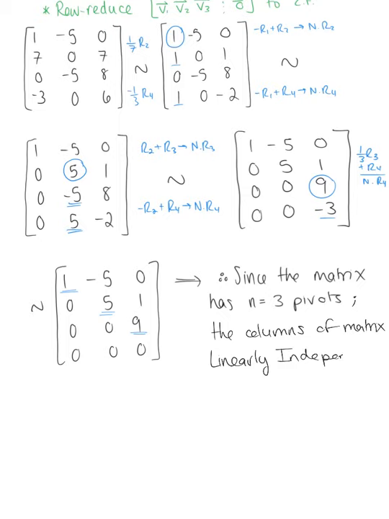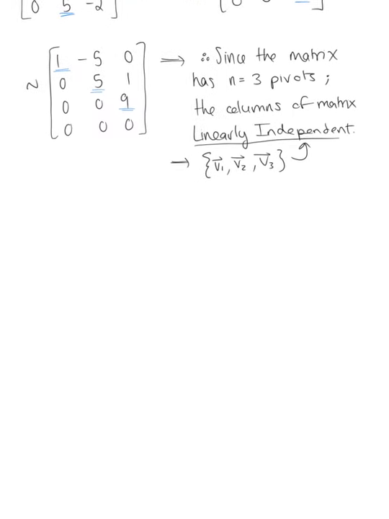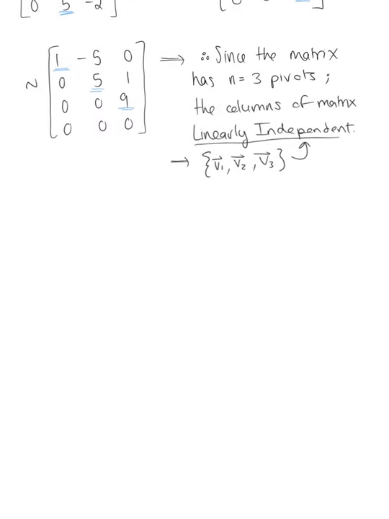The columns of the matrix are linearly independent, which implies that those three vectors, v sub 1, v sub 2, v sub 3, are also linearly independent. So they will form the basis for the subspace. So we can make our conclusion for part A. The basis for our subspace H is going to be defined by these three vectors.